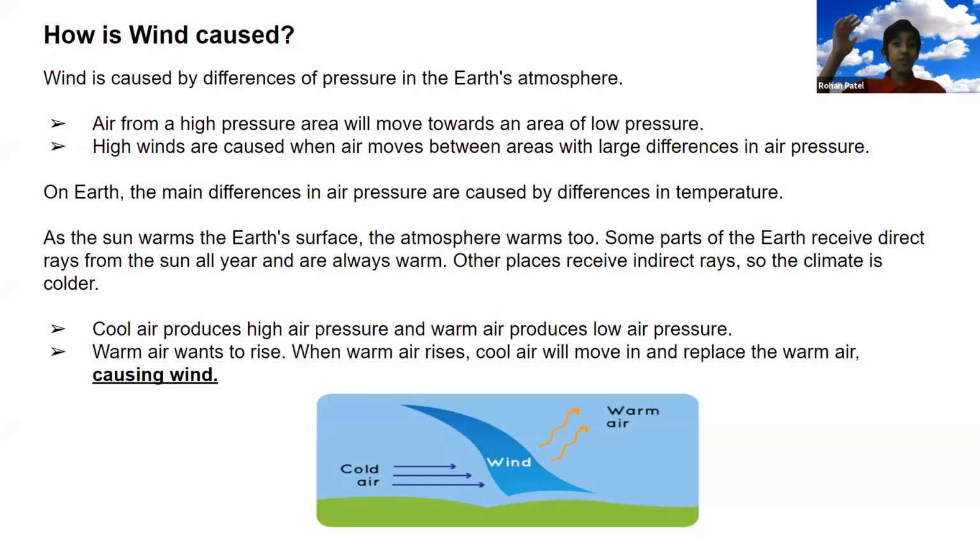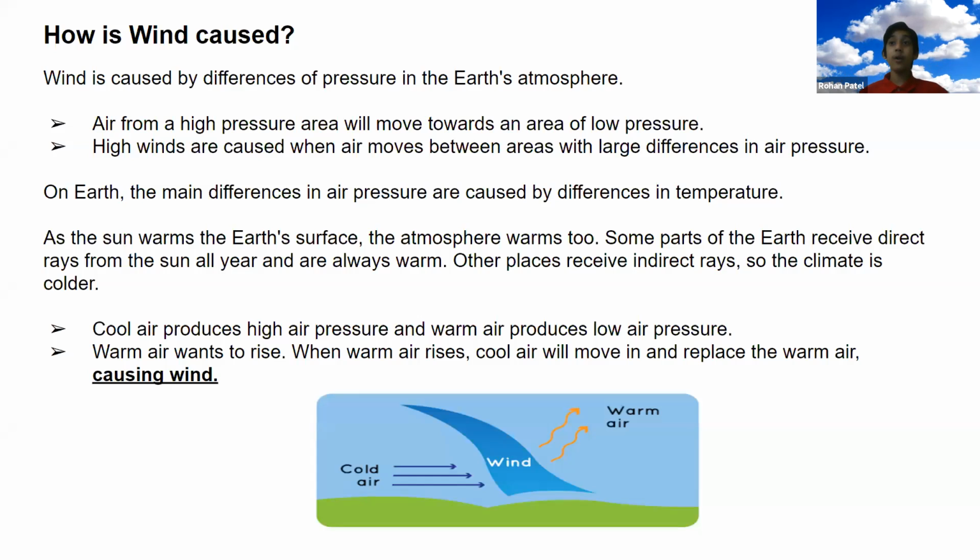Wind is caused by different pressures in the Earth's atmosphere. Air from a high pressure area will move towards an area of low pressure. High winds are caused when air moves between areas with a large difference in air pressure. On Earth, the main differences in air pressure are caused by differences in temperature. As the sun warms the Earth's surface, the atmosphere warms too.